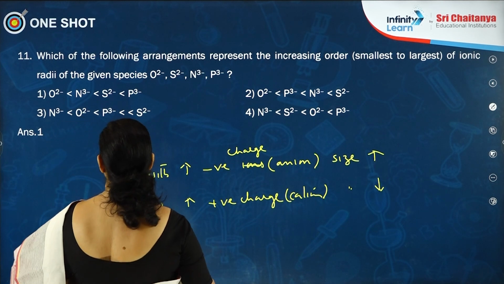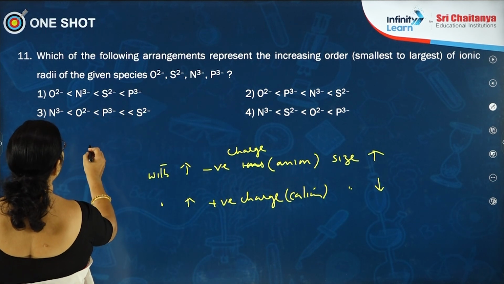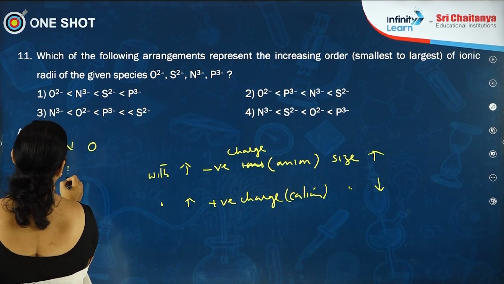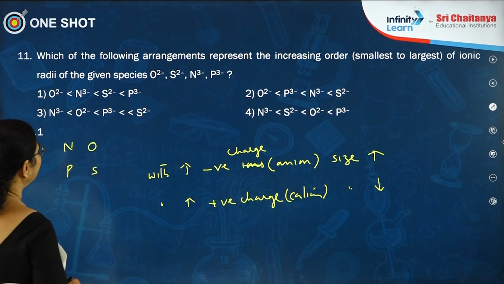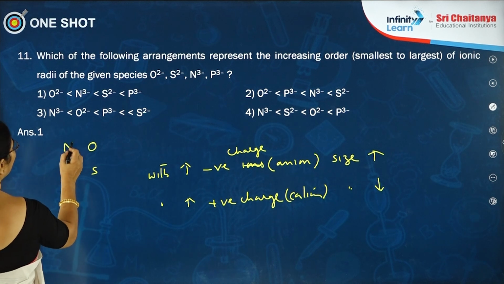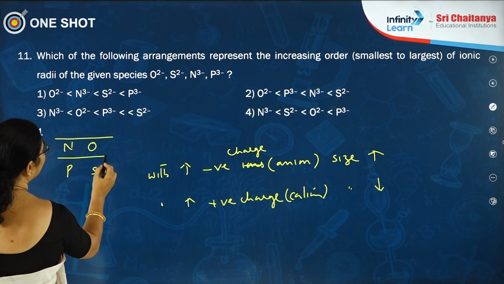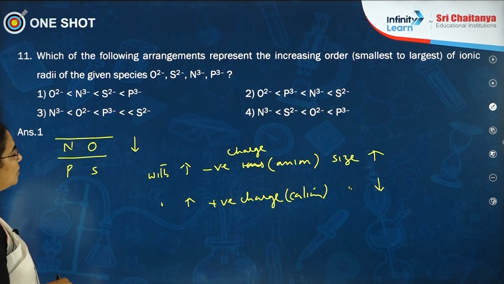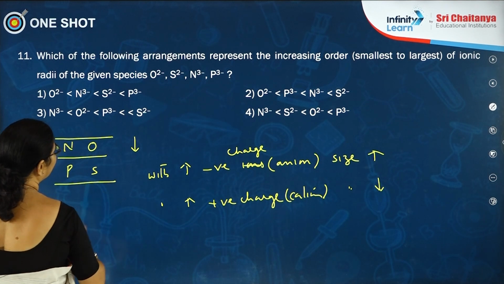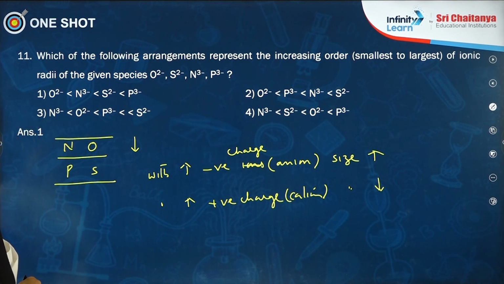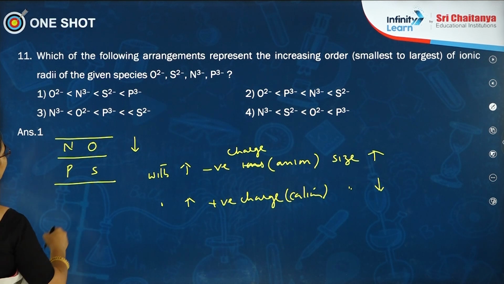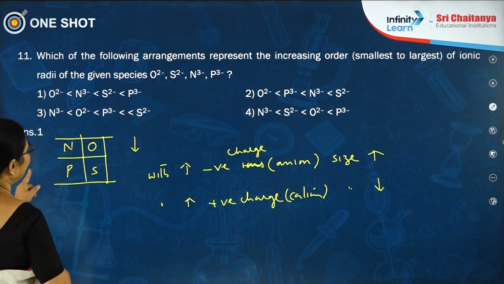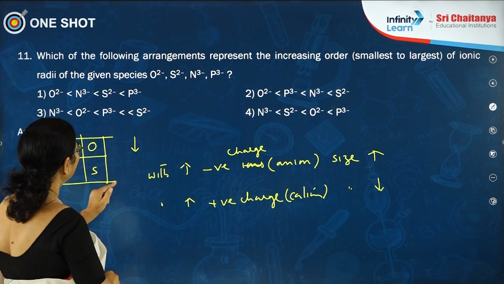Now, you see here nitrogen, oxygen, phosphorus, sulfur, 4 elements are given. As we move across a period, size decreases. So, nitrogen size is greater than oxygen, and phosphorus is greater than sulfur. Down the group, size increases.